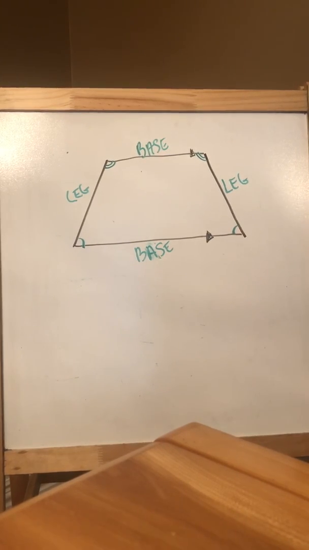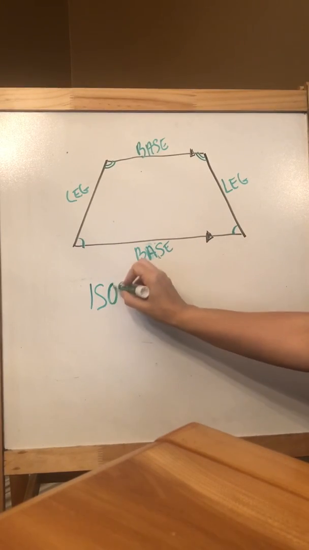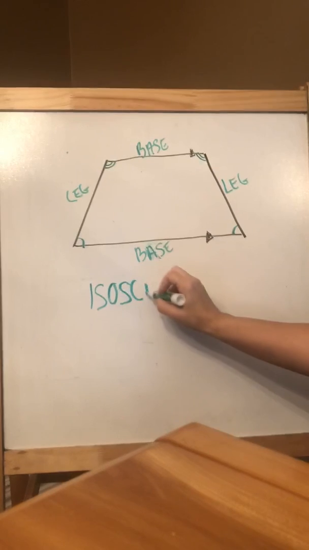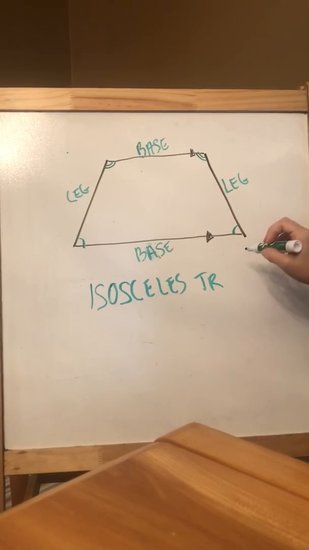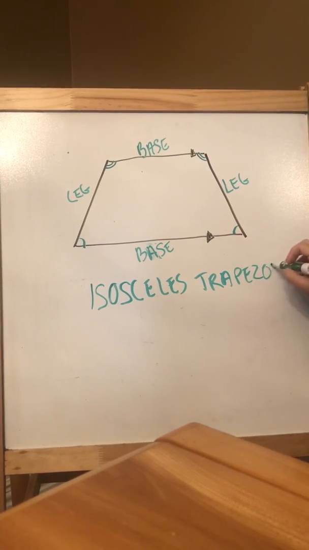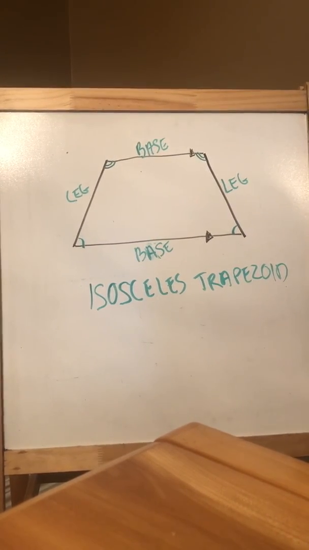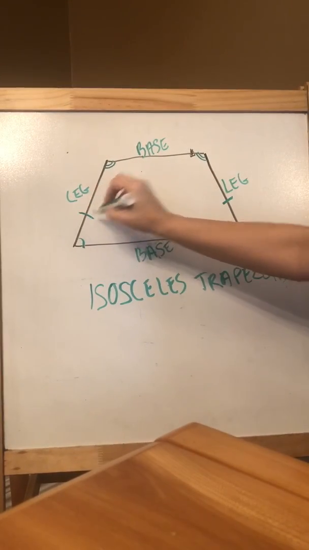When you have an isosceles trapezoid, just like an isosceles triangle, an isosceles trapezoid is going to mean that our legs here are congruent to each other.